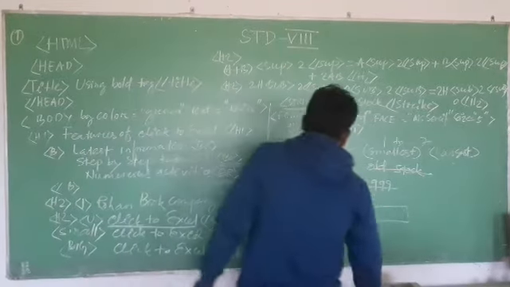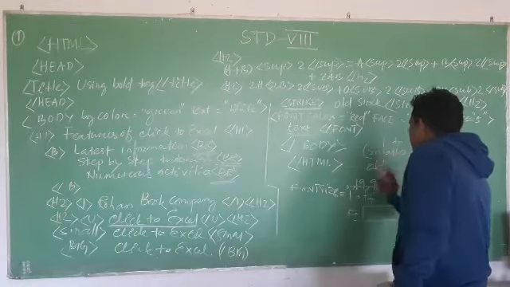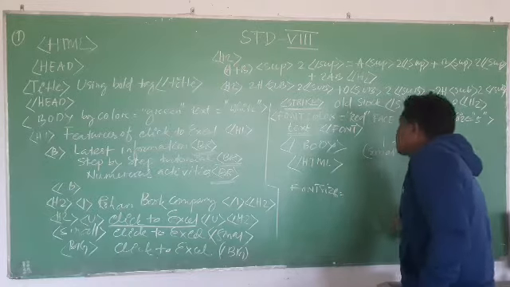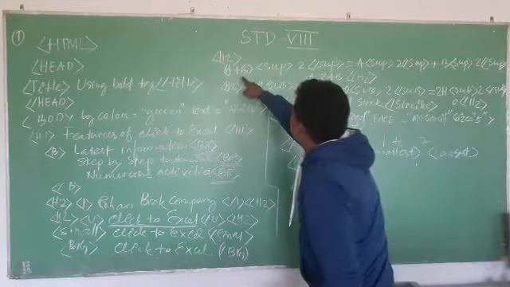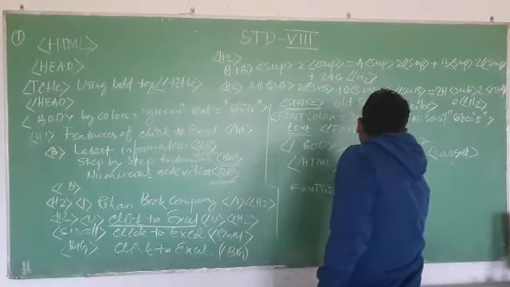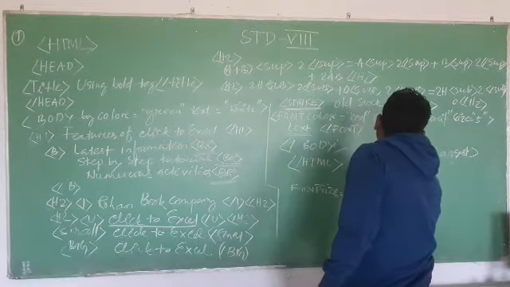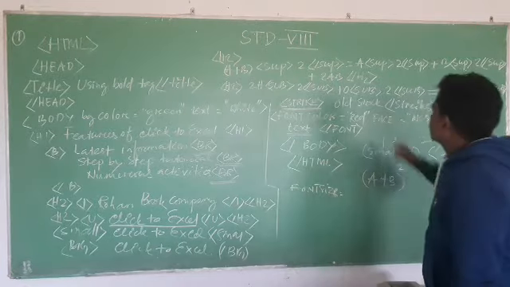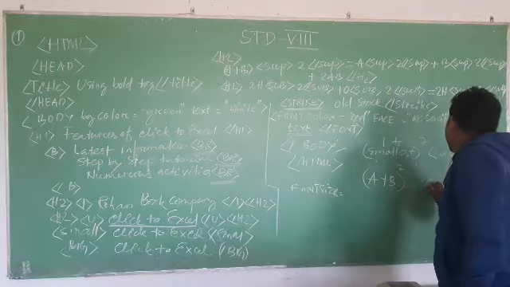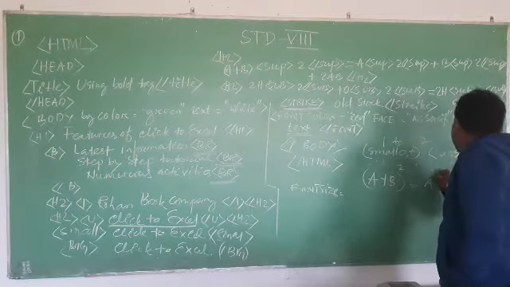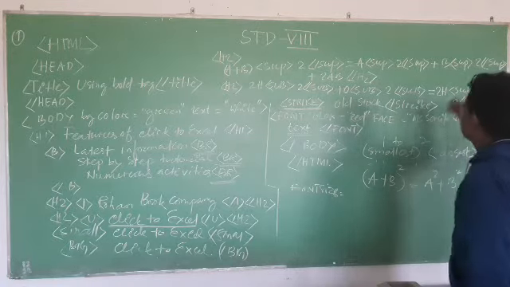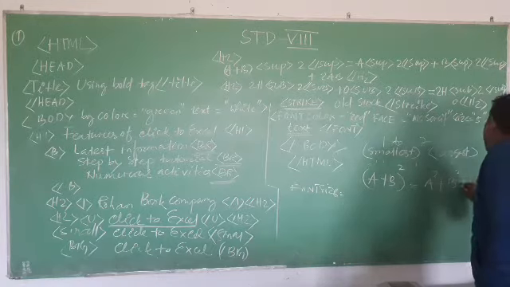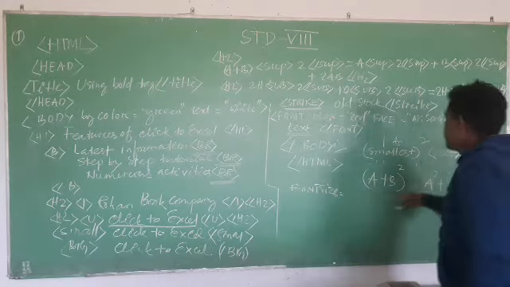As I was telling, now the output of the superscript and subscript. A plus B squared output will be (A plus B) squared, then equal, then A squared plus B squared plus 2AB. This will be the output.